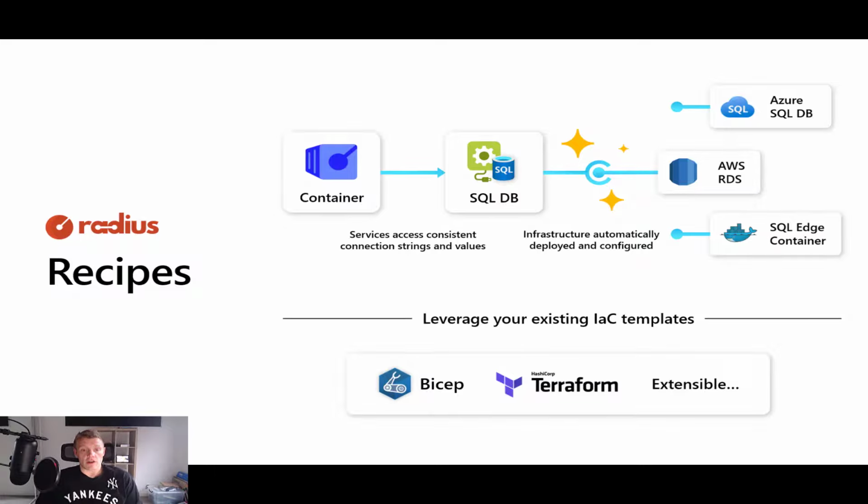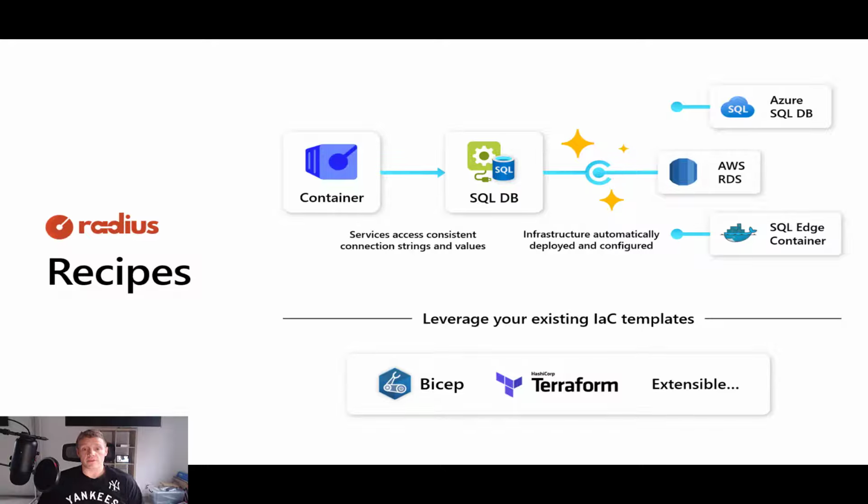Now, I've talked a lot about recipes. Recipes are a key concept in Radius. What they do is they enable a separation of concerns between IT operators and developers by automating infrastructure deployment. So as a developer, you will select the resources that you want in your applications, and platform engineers will then codify their environment to show how these resources should be deployed and configured.